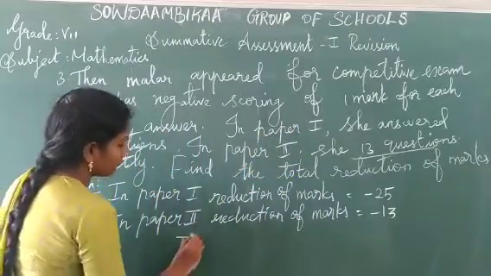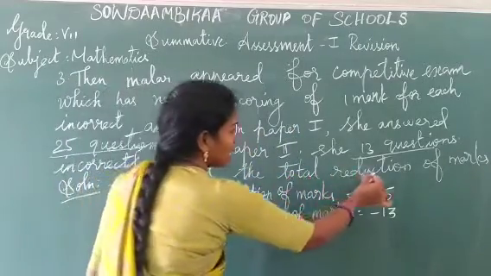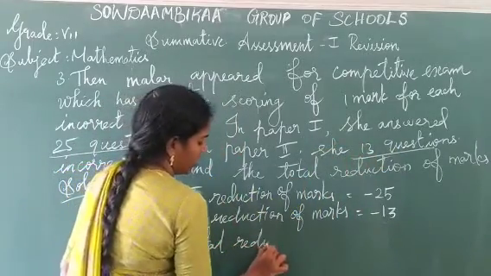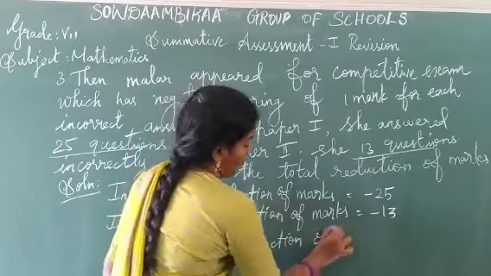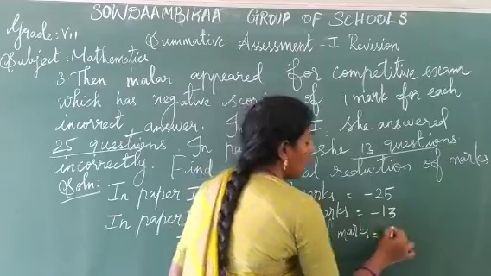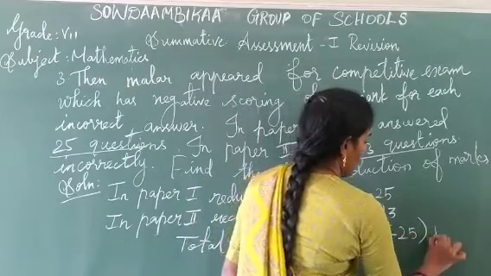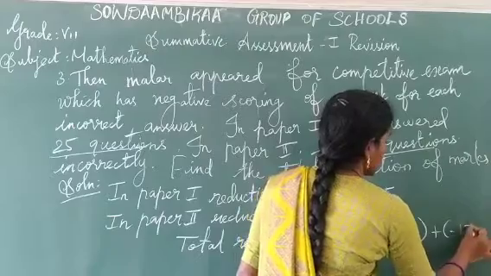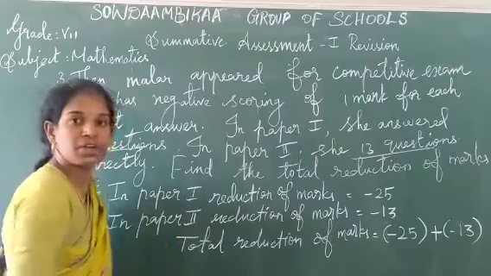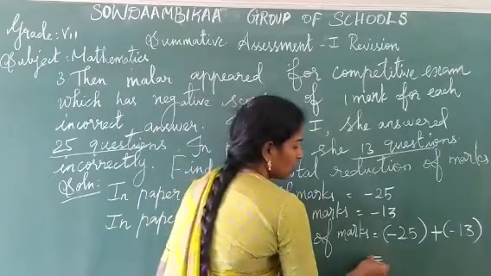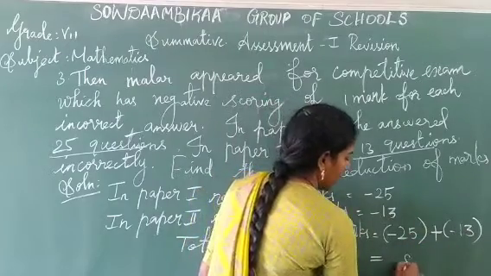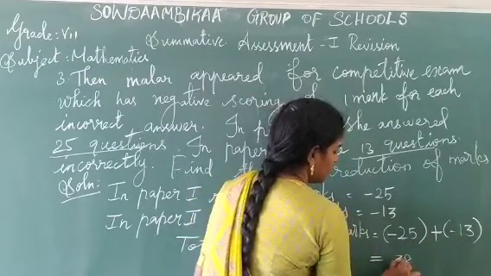Then we have to find the total reduction of marks. How do you find it? Total means we have to add both reductions of marks, so we put a plus symbol. We add 25 plus 13: 5 plus 3 comes 8, 2 plus 1 comes 3.